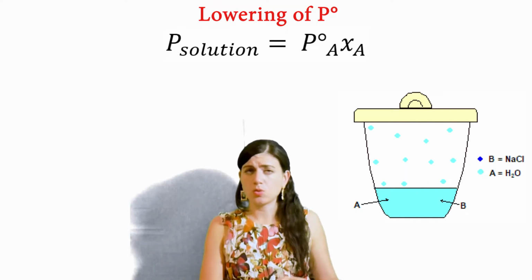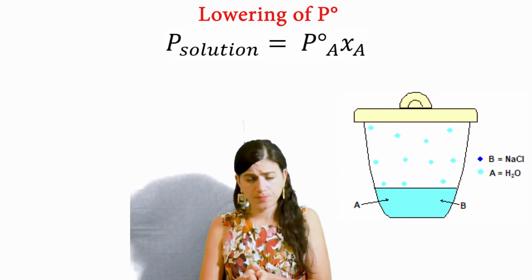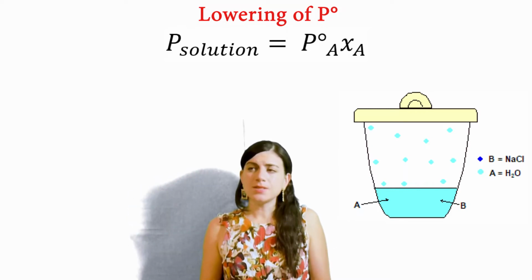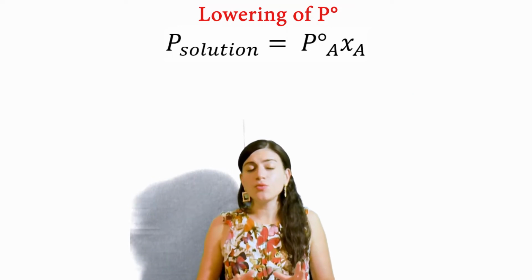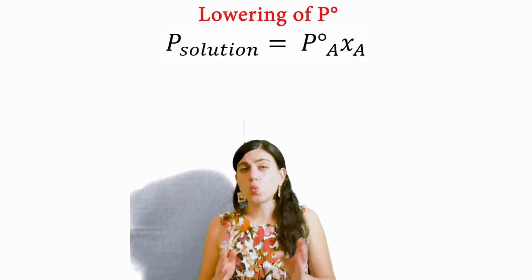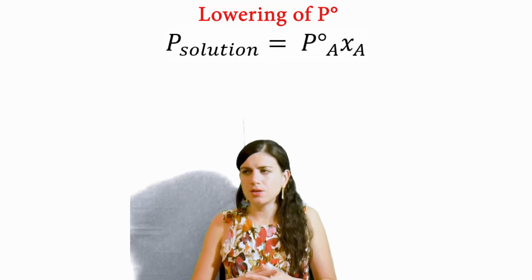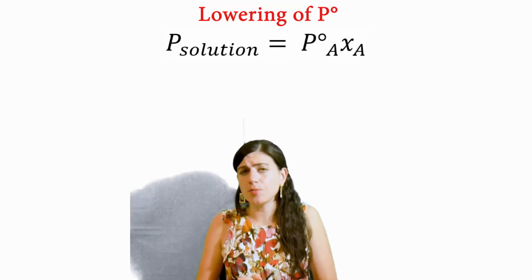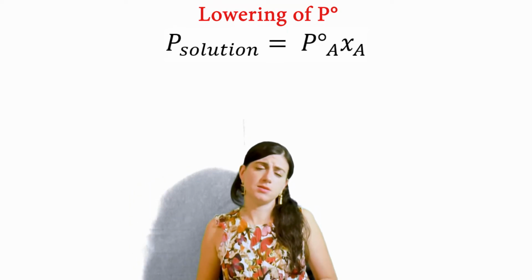If we go back to our example, this will be the vapor pressure of water and the mole fraction of water inside the solution. Now, since mole fractions are fractions of a whole, you can write the mole fraction of A as equal to 1 minus the mole fraction of B. So B is the mole fraction of the solid. In the case of our example, it will be the mole fraction of NaCl in the solution.